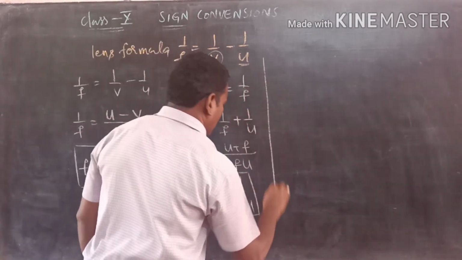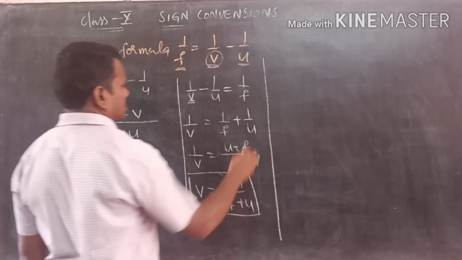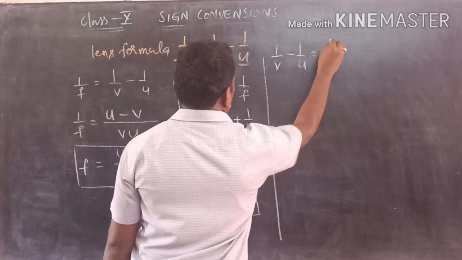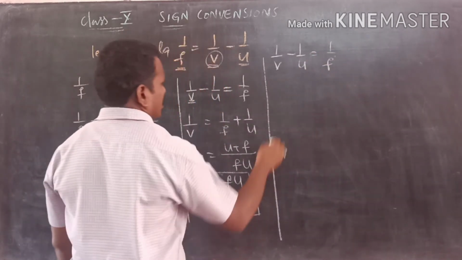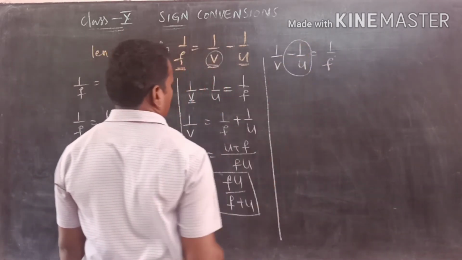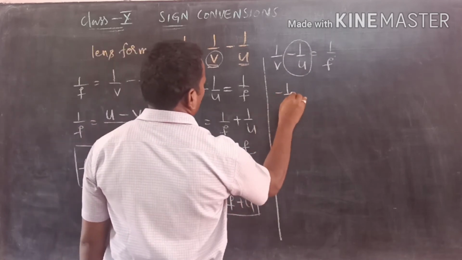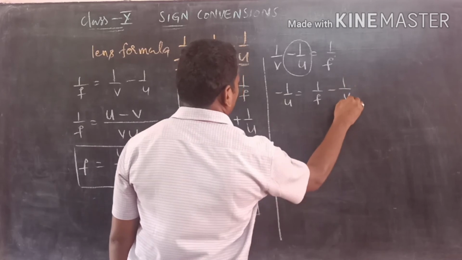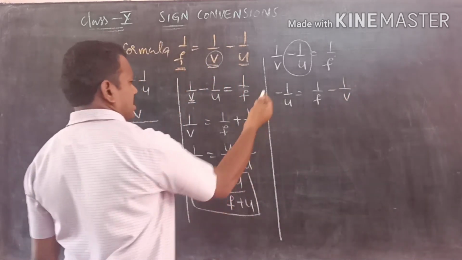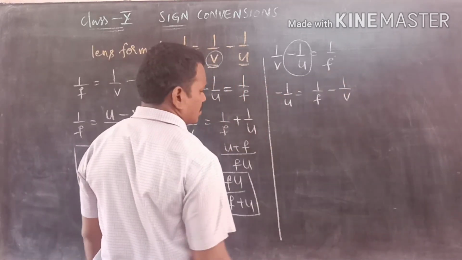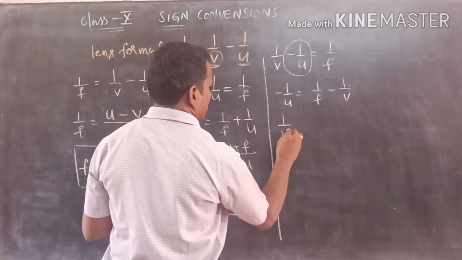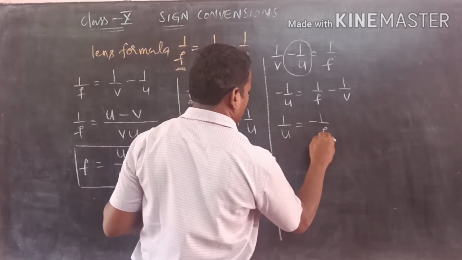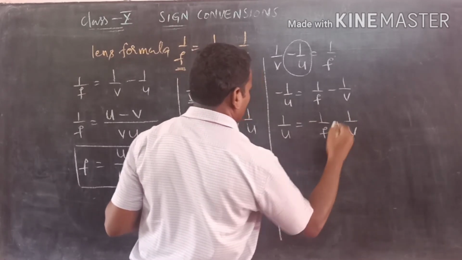Now I require the formula for the object distance. Once again, 1 by v minus 1 by u is equal to 1 by f. I require 1 by u. Now, minus 1 by u is equal to 1 by f minus 1 by v. Why? Because simply I moved the 1 by v. Now by multiplying throughout with minus, it becomes 1 by u is equal to minus 1 by f plus 1 by v.